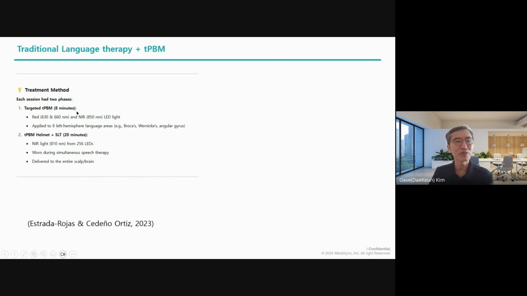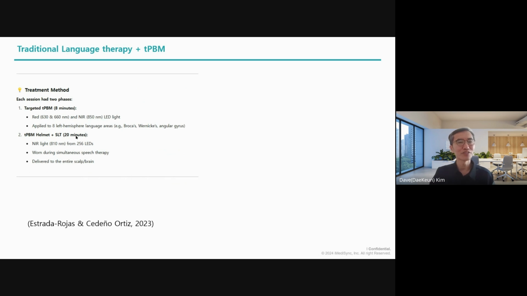The 8-minute photobiomodulation makes a kind of warming of the specific language hemisphere area, and then they start the speech therapy. We can see this kind of methodology in photobiomodulation and neurofeedback too. The real training follows some kind of warming.